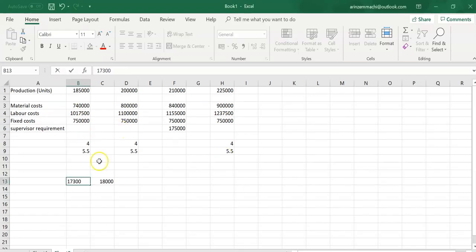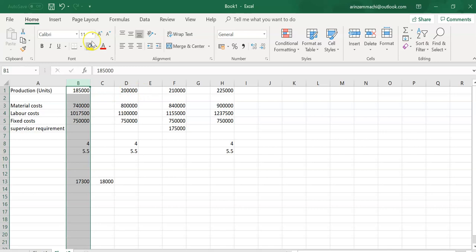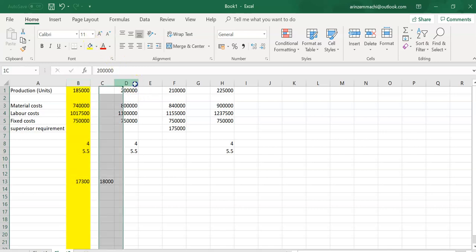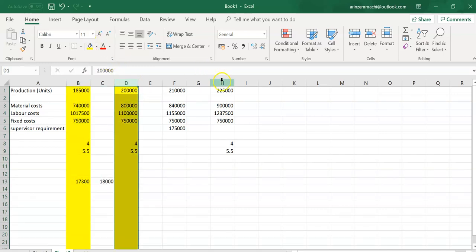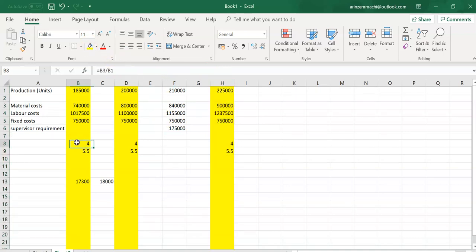What I've done is I've put my first set of figures in, those there. And I tested, first of all, just to see what the variable cost of material was.